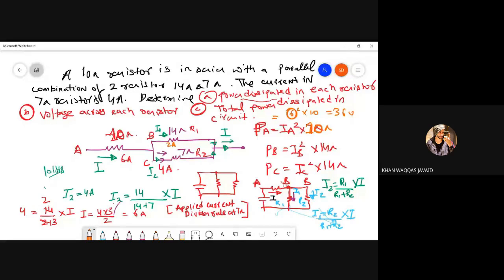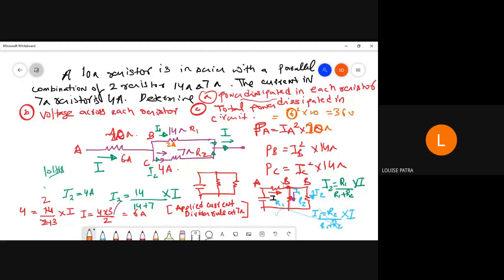Sir, for B, is it 56? For the 14 ohm, 56 watts. Yes, sir. And for the 7 ohm, 112 watts.